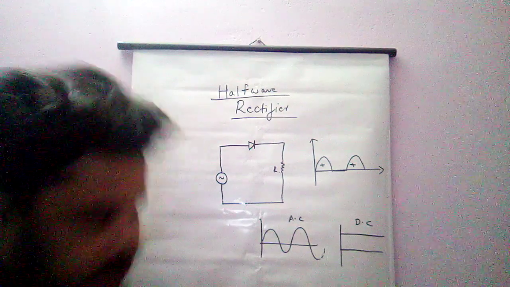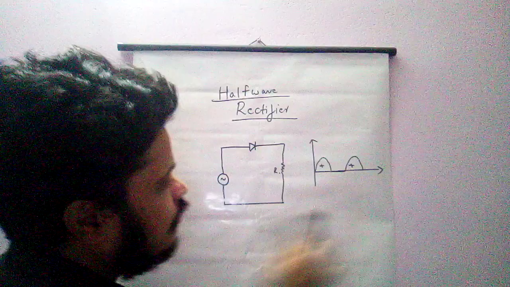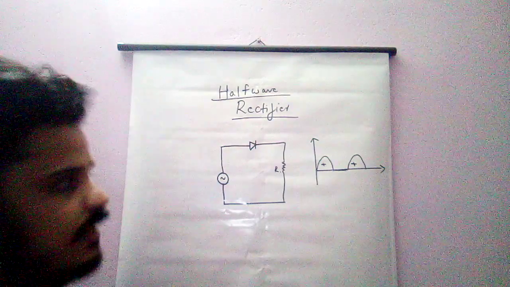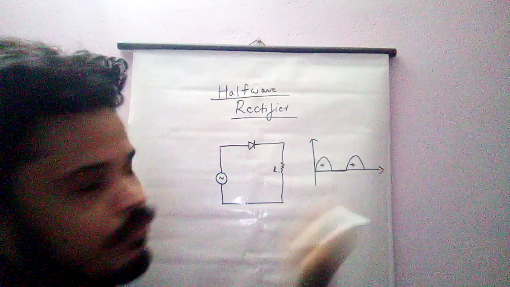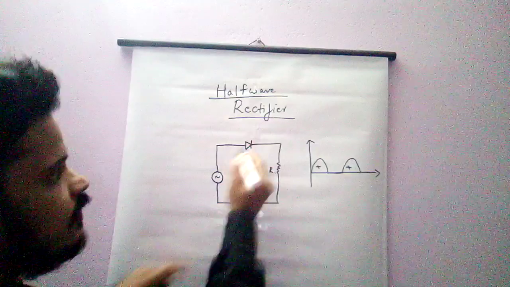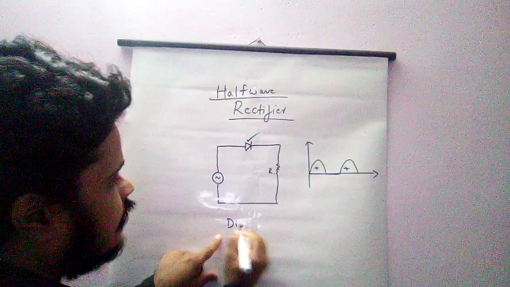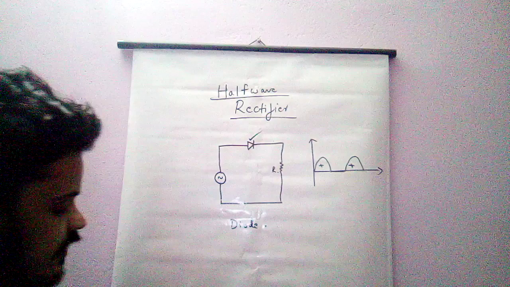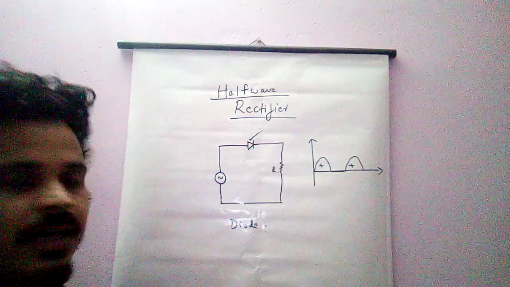Now, before going into the circuit, we need to understand a few important things, because if we understand those, then it will be easy for us to understand the circuit and the output. First of all, this is a diode. This diode is an electronic device which allows the current to flow through it.